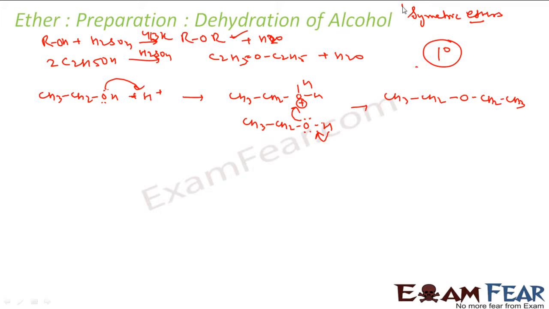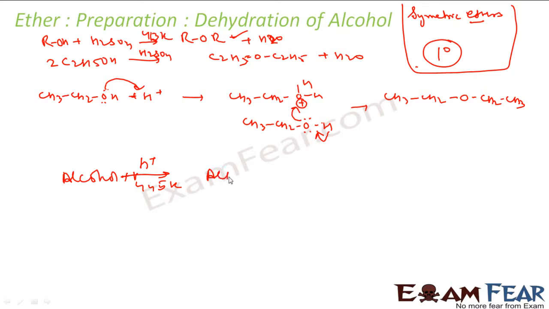Because as I told, you have alcohol and sulfuric acid, you make the temperature 443 Kelvin or something, you get alkenes actually. You don't get ethers. So the disadvantage of this method is it is only for primary alcohol and symmetrical ethers.